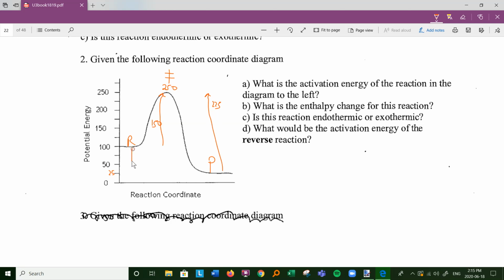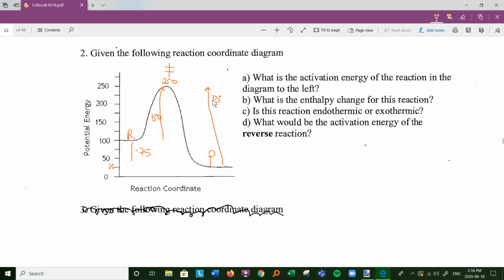My delta H is negative 75. So I did all that. Now let's look at the questions. What's the activation energy? Again, I'm assuming forward activation energy is 150. Reverse would be 225. Enthalpy change is negative 75. This is exothermic. Activation energy of the reverse reaction. We got that already, 225. Okay.